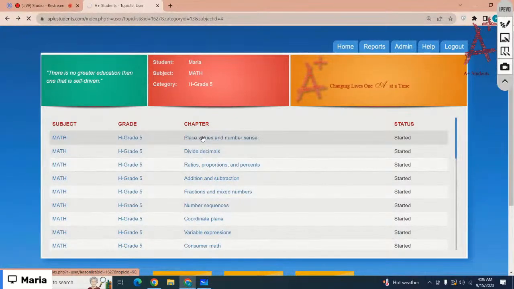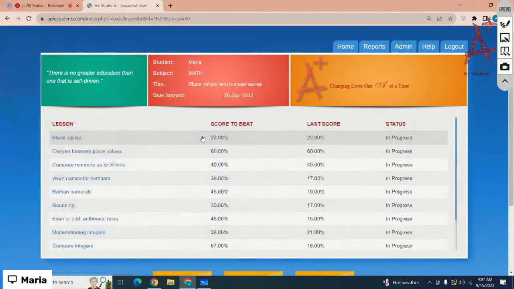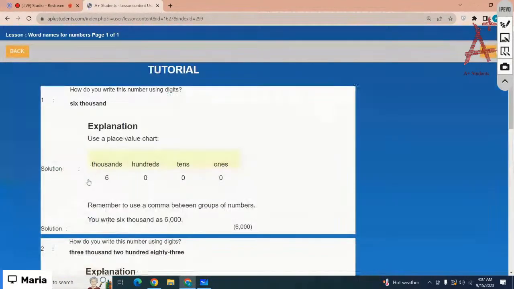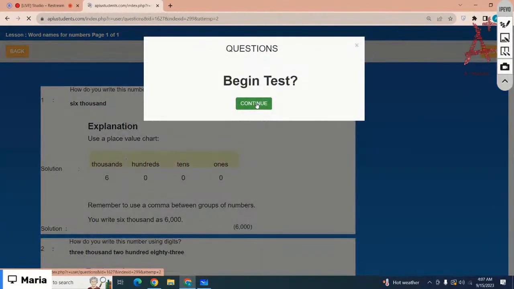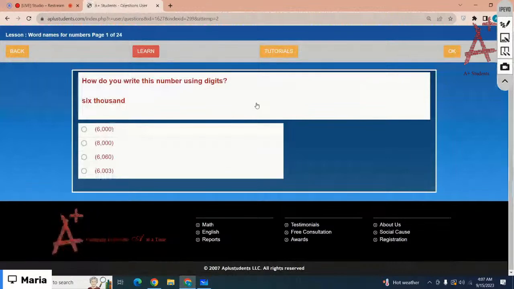So here I am on grade 5 math. We're working on the chapter Place Values and Number Sense. Let's start with the lesson, word numbers and place values. Let's start with the test questions. How do you write this number using digits? How do you write 6,000? Which is the correct option?